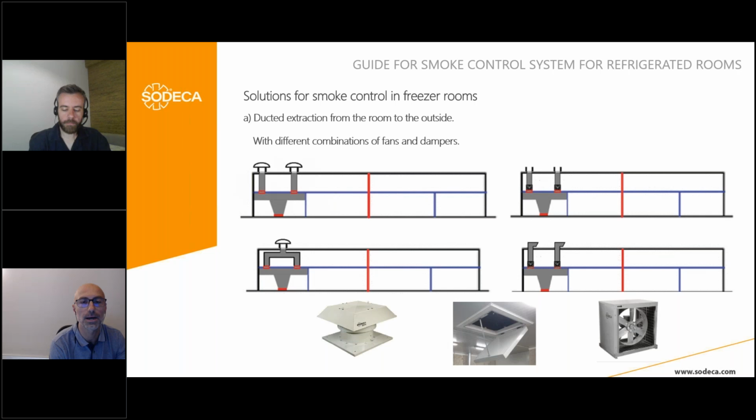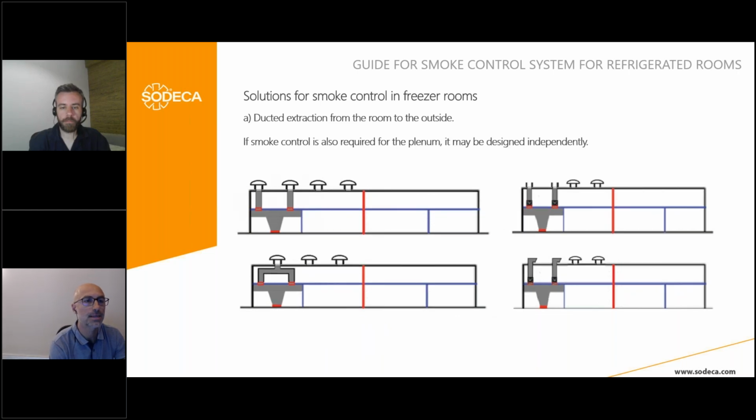And we can also use this other kind of system where we have this damper again, we call it fridge flap, and an exhaust fan here, and it can be connected to, let's say, a natural smoke vent or just a duct with an elbow at its end.